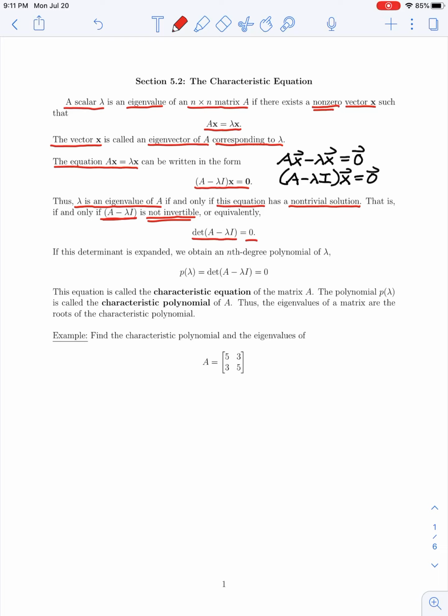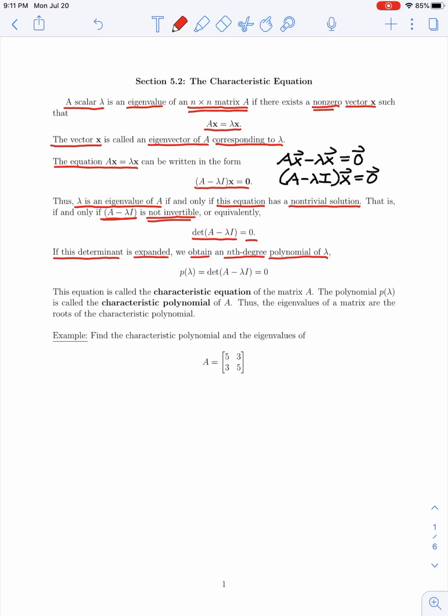So this equation gives us a method for solving for our eigenvalues lambda. For any square matrix we can expand this determinant, perhaps using a cofactor expansion, and what we obtain is an nth degree polynomial of lambda, where n is the same as the number of rows or columns of our matrix.